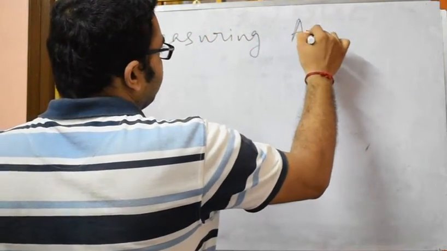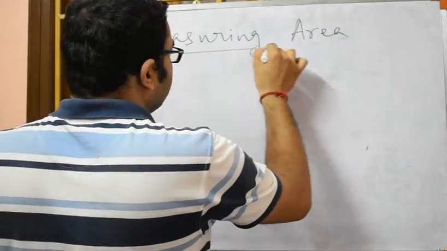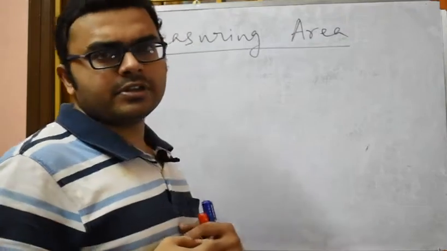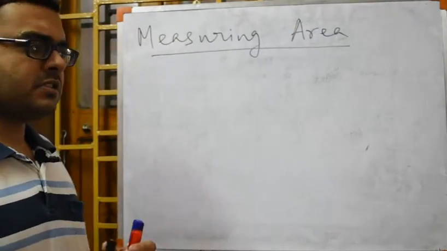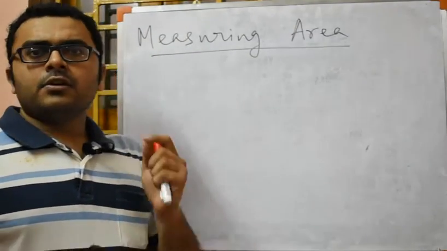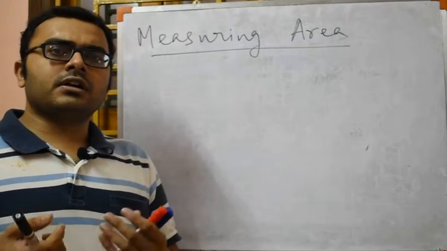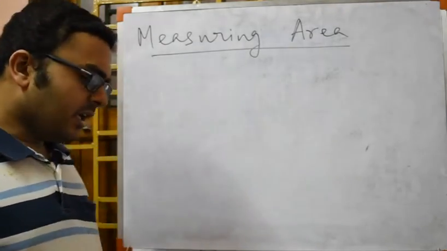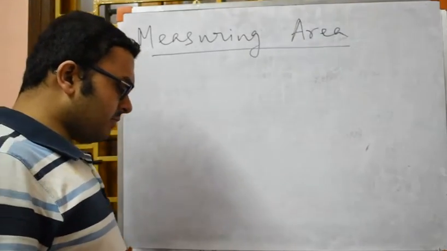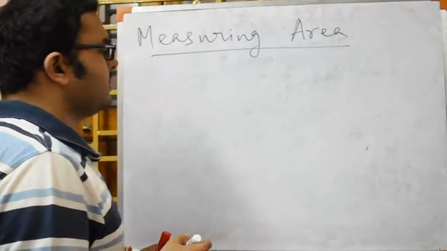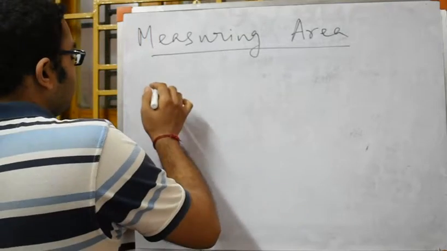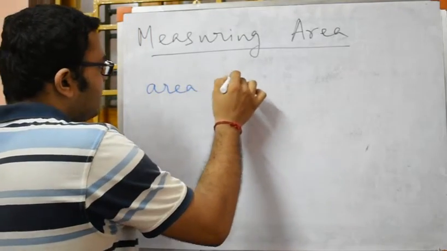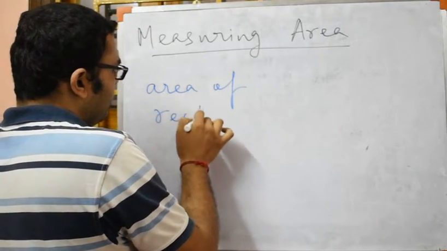Now if I talk about regular surfaces, which have a definite geometrical shape, we have definite formulas at hand for those surfaces. Like, if I want to measure the area of a rectangle, as I have just been discussing, what is the area of a rectangle?